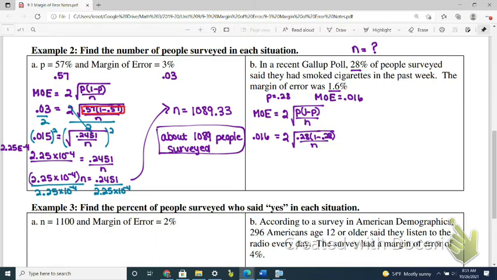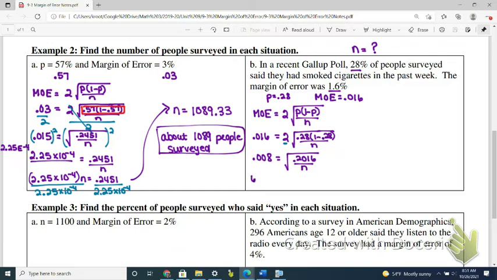So just like before, first thing I'm going to do, get rid of this 2. So I'm going to divide both sides by 2. I get 0.008 equals, and I'm also going to figure out what the numerator is when I multiply it out, which is 0.2016. To undo, I am going to square both sides.